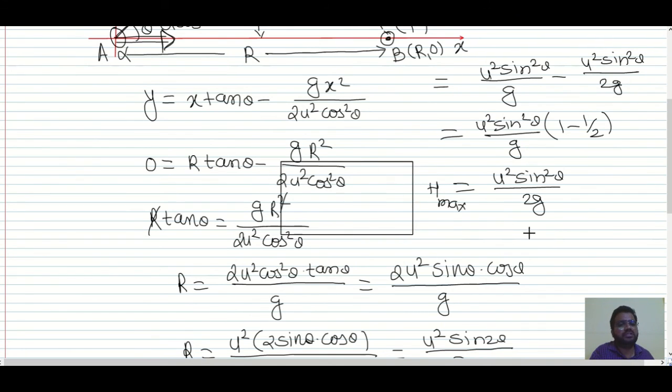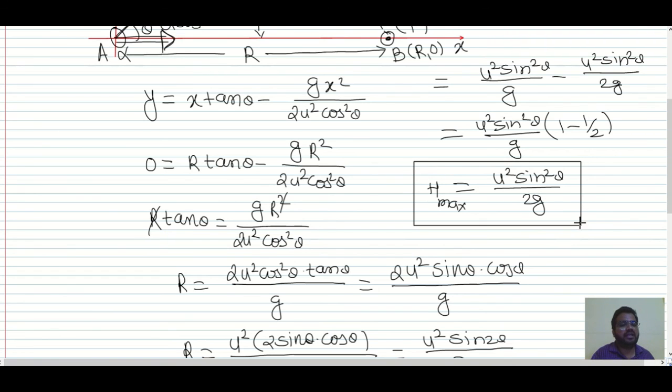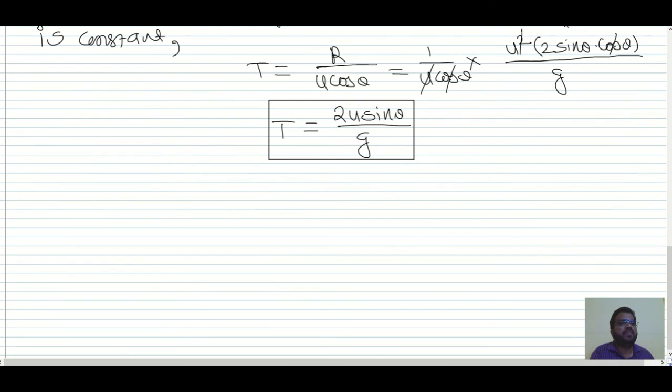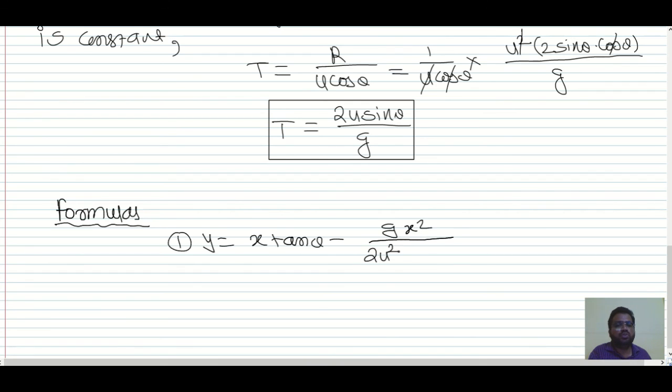So I hope this is clear to you all. So I'll just write all the formulas once. Firstly, we have seen the equation of trajectory, and that is y is equal to x tan theta minus gx squared divided by 2u squared cos squared theta.